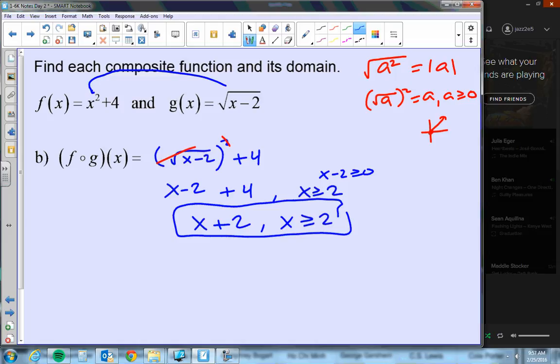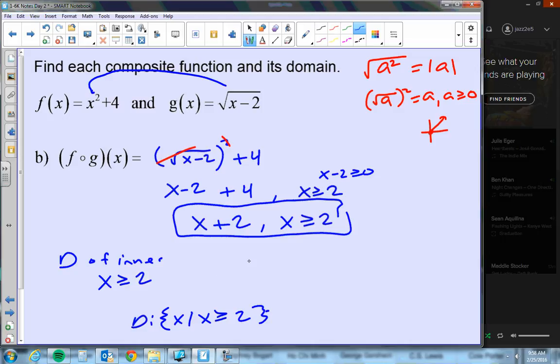Now this one, we kind of already gave it away. I mean, the domain is what you see there. Let's just go through the two-step process, though. First of all, the domain of the inner, well, that's the domain of the radical, which is all the numbers greater than or equal to 2. That's the inner.